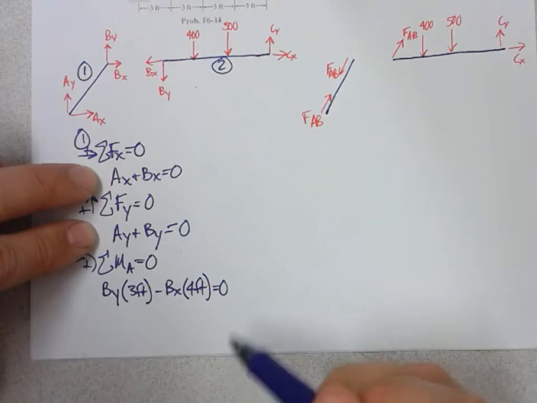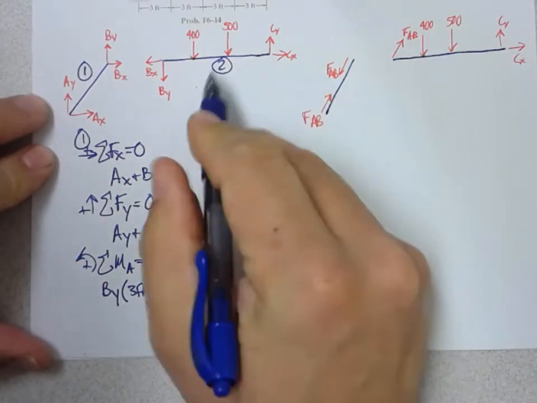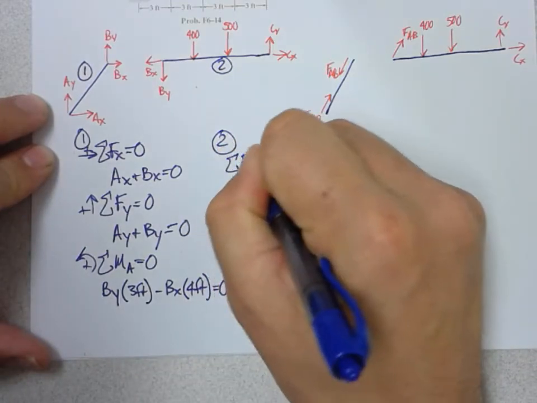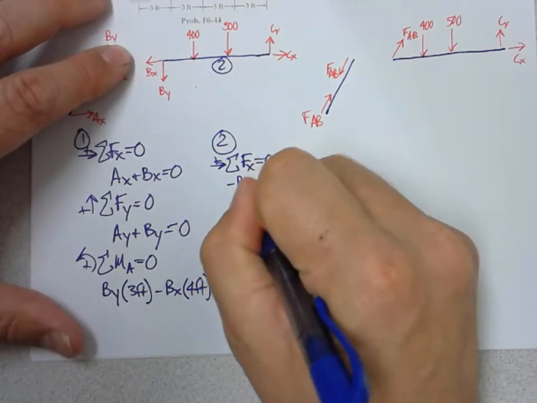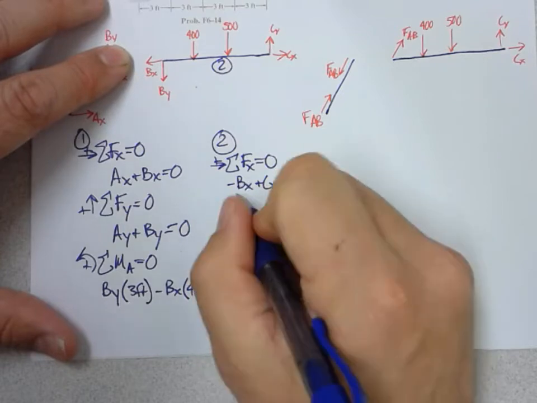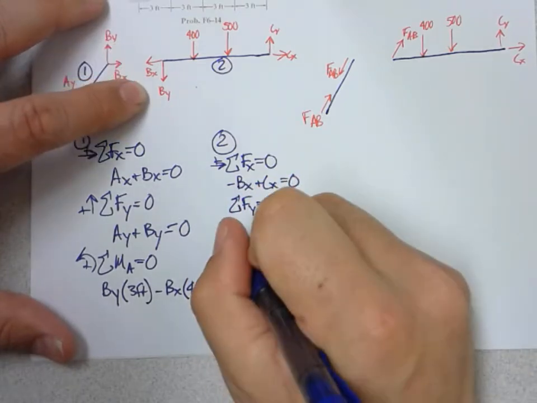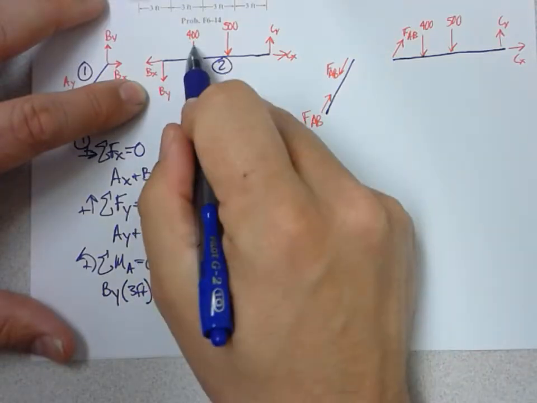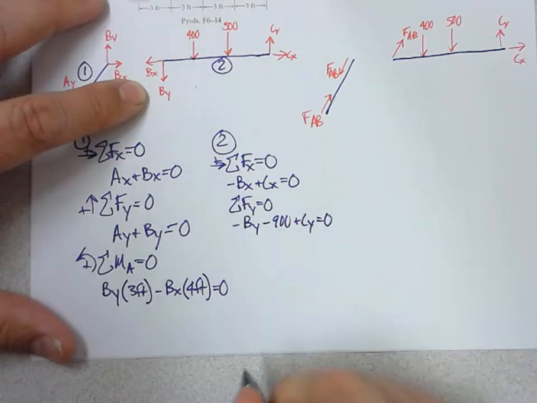So now let's go to the second set of equations, which is going to be for member 2. The same 3 equations, sum of the forces in the x equals 0. So I'll have negative BX plus CX equals 0. I'll have sum of the forces in the y equals 0. I'll have negative BY minus 900, just combining the 400 and the 500, plus CY equals 0.